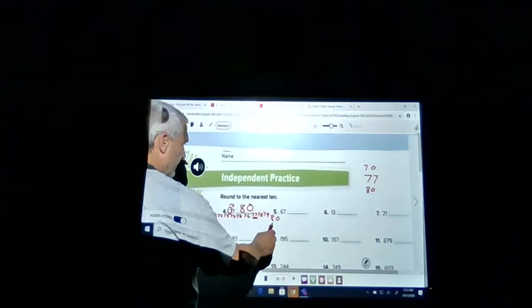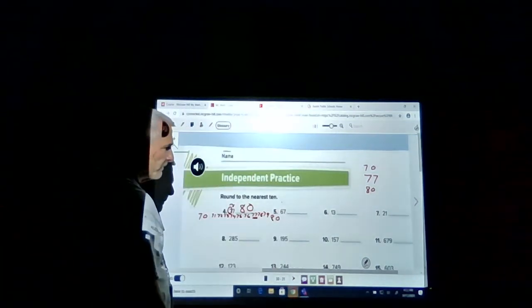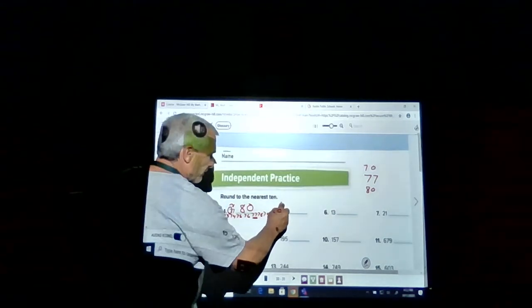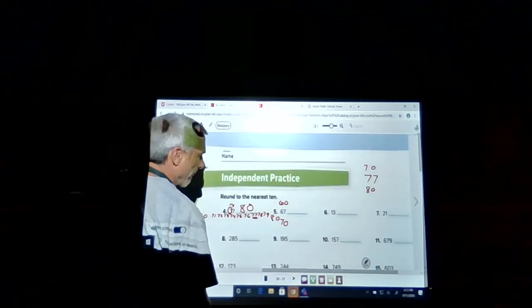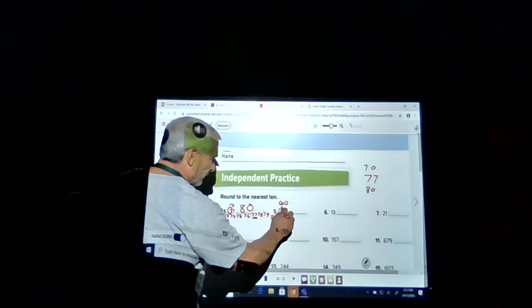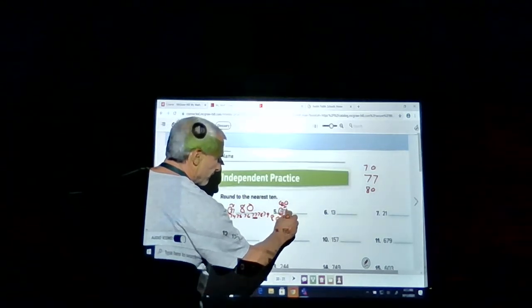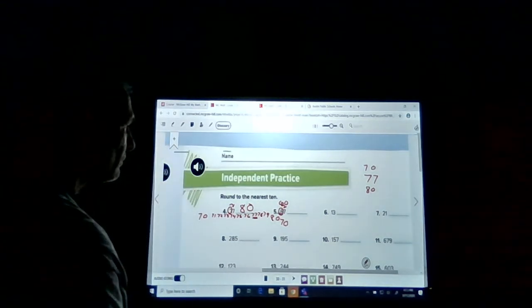Let's try 67. Above I write 67's between 60 and 70. Is it closer to 60 or 70? Well, let's do those steps. Circle the tens. Look at the 7 in the ones. Does the 7 tell you it is 5 or more?